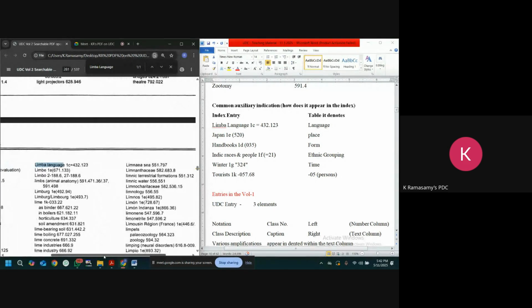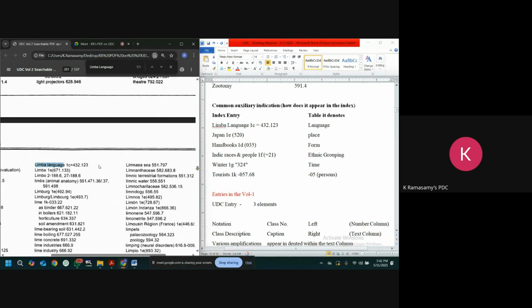So what is the number? It says one number. But here, before the number, the UDC gives a hint. What is the hint? The term Limba language is taken not from the main table, it is taken from the auxiliary table. Which table? 1C. 1C is the table for language, common auxiliaries of language. How we should write it is an equal sign followed by 432.123.